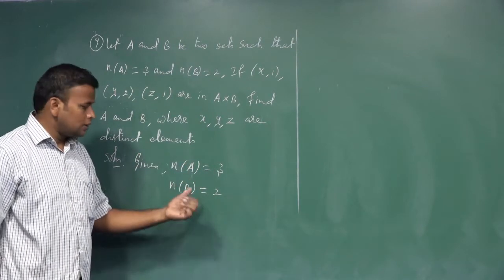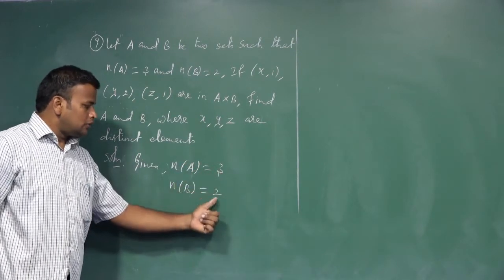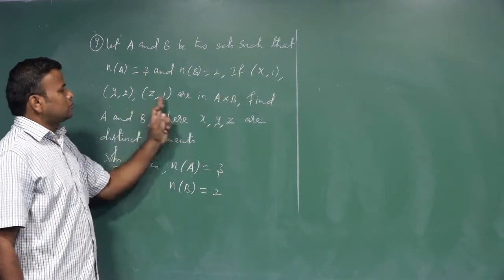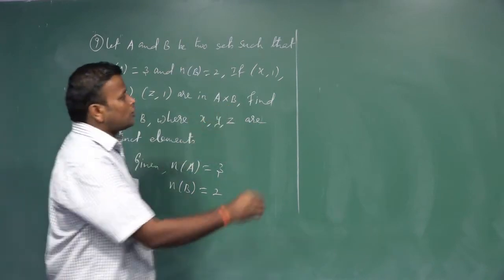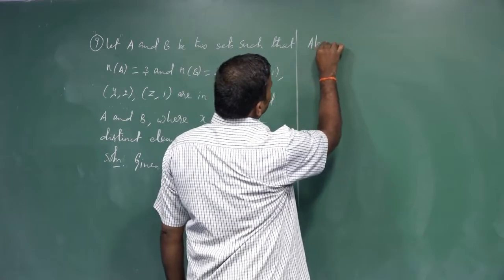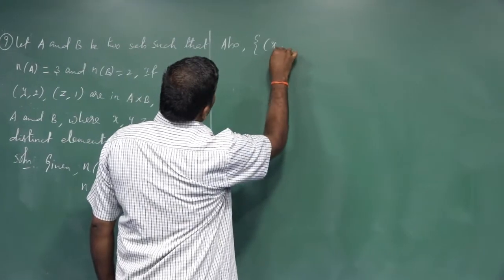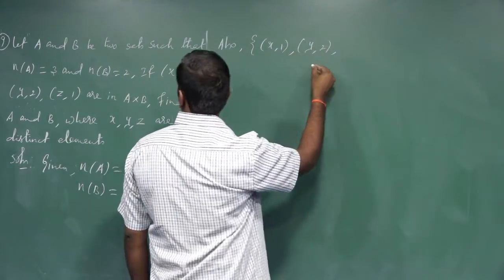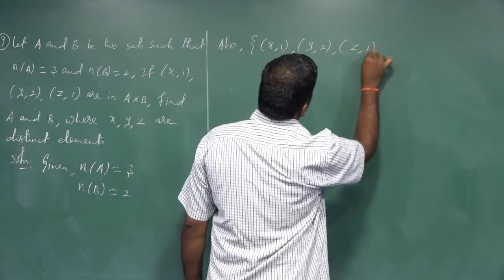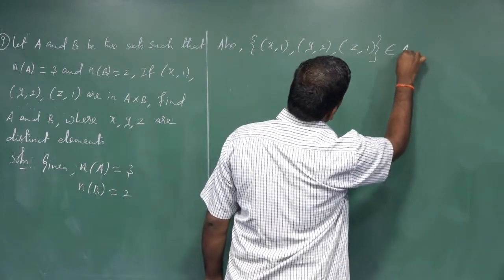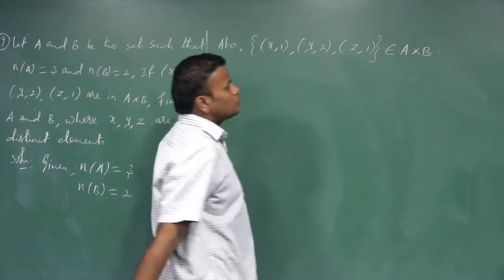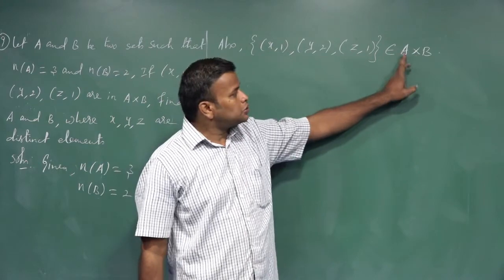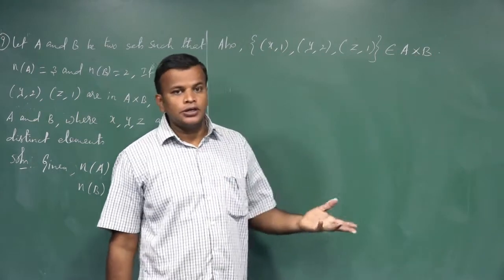Now we need to find the 3 elements of A and the 2 elements of B. Also, some pairs are given that are in A × B: (x, 1), (y, 2), (z, 1) belong to A × B. This ordered pair belongs to the Cartesian product of these two sets, A × B.